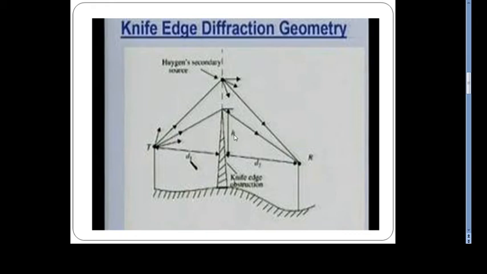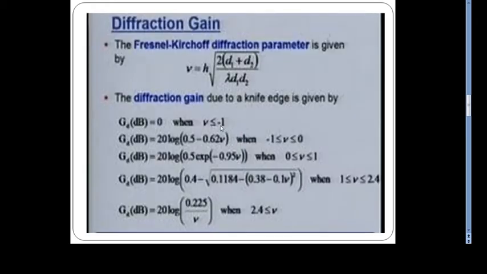So we can give the Fresnel-Kirchhoff diffraction parameter, that is V equals h times the square root of 2 times (D1 plus D2), where D1 is the distance from transmitter to obstacle and D2 is the distance from obstacle to the receiver, divided by lambda D1 D2.